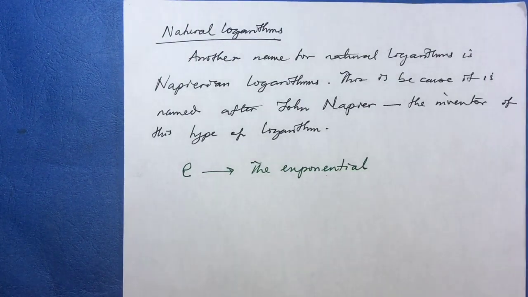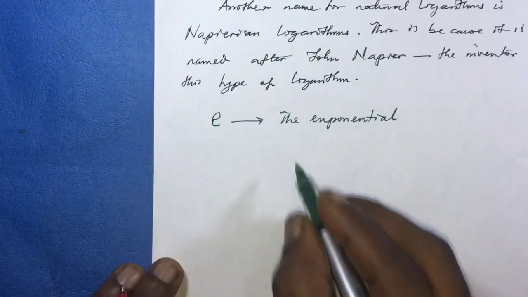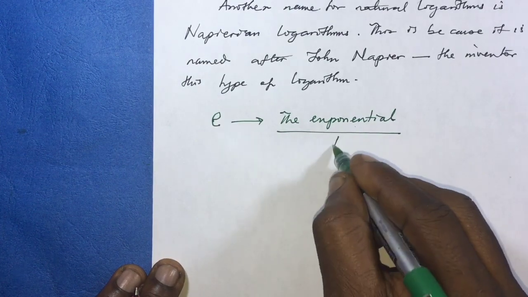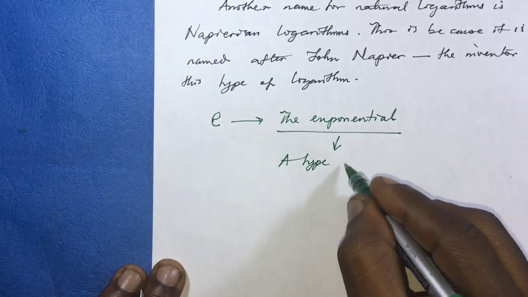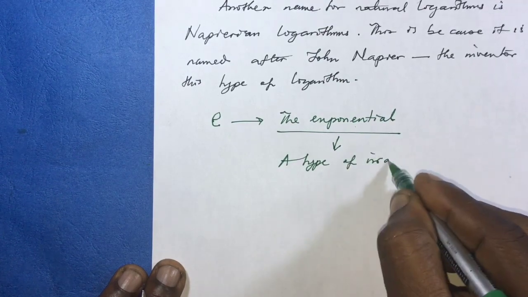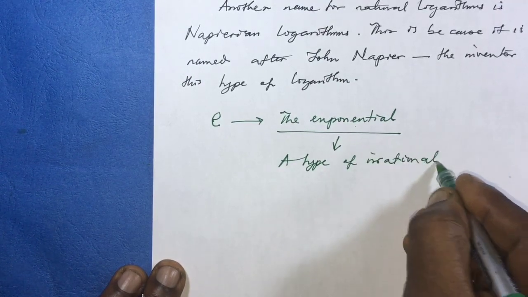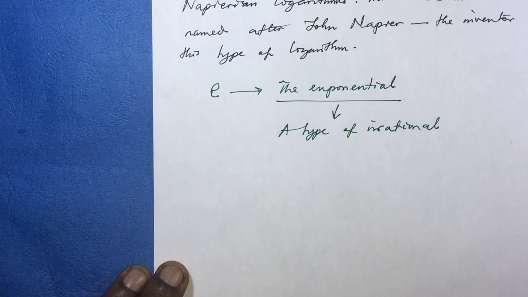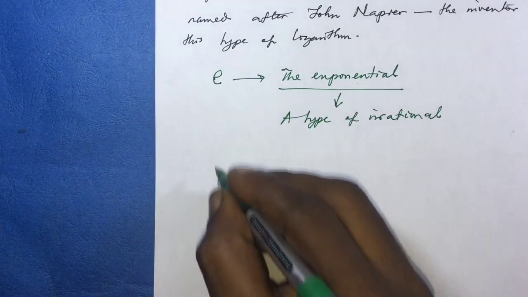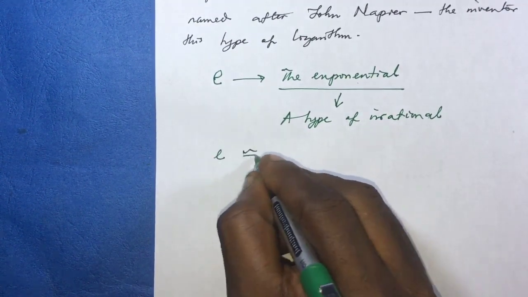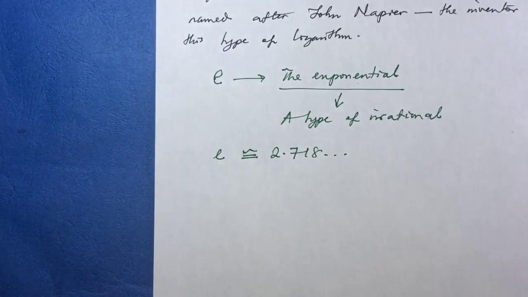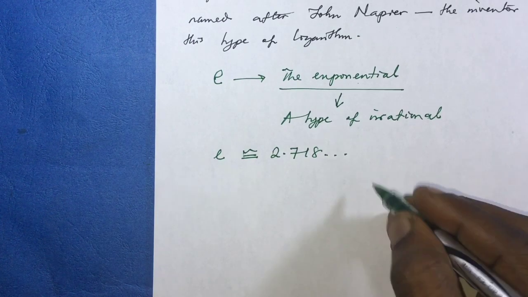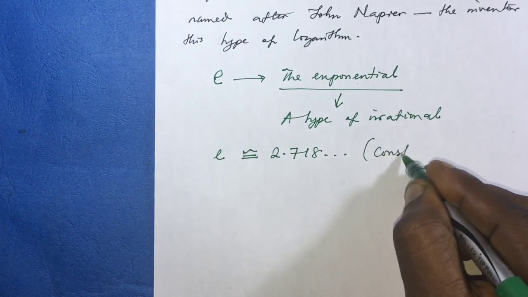The exponential is a type of irrational number, and the exponential is approximately equal to 2.718... Okay? It's approximately equal to 2.718, and it is a constant.